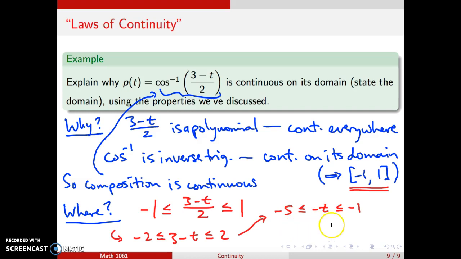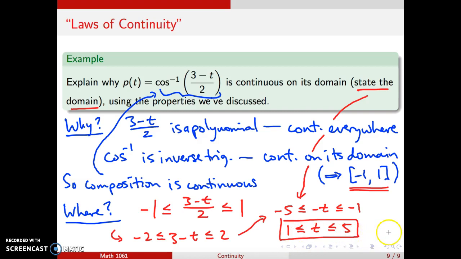Then I can multiply everything by -1, which flips the inequalities, and I end up with 1 less than or equal to t less than or equal to 5. So that is my domain. Anything for t between 1 and 5 makes this between -1 and 1, and that's where p is defined, and so that's where it's continuous.